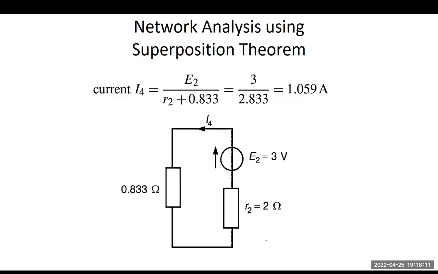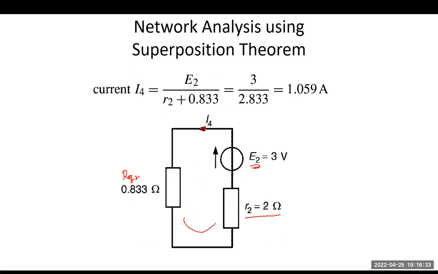To determine I4, this is our R equivalent 2, which is 0.833, and we have the internal resistance of 2 ohms, the internal resistance of E sub 2.